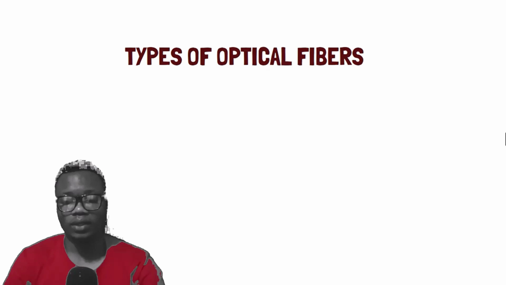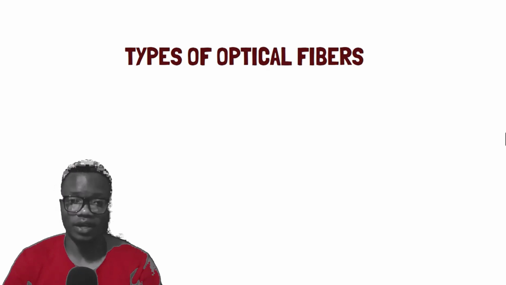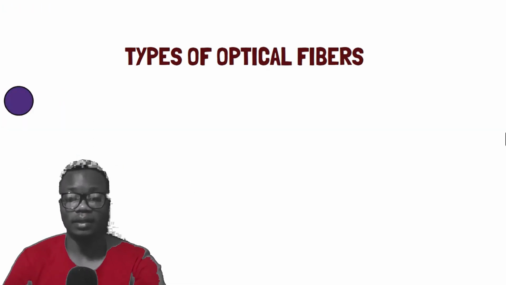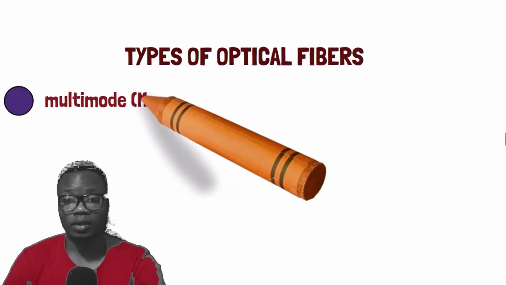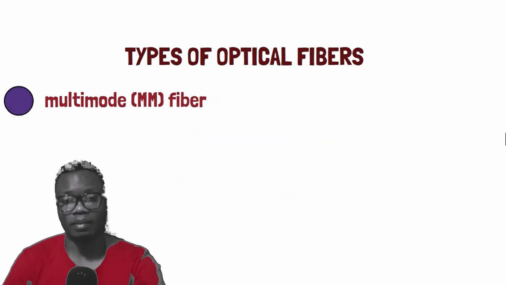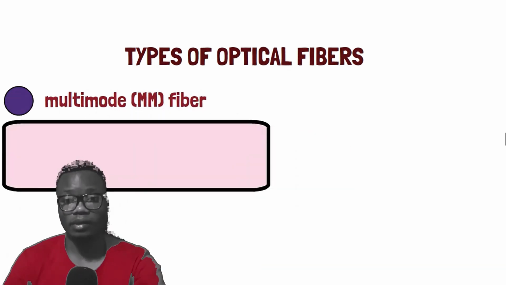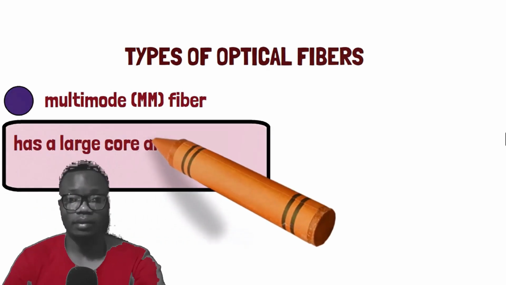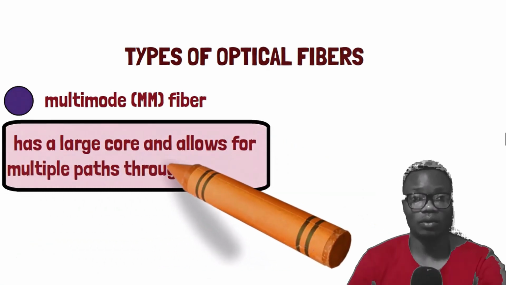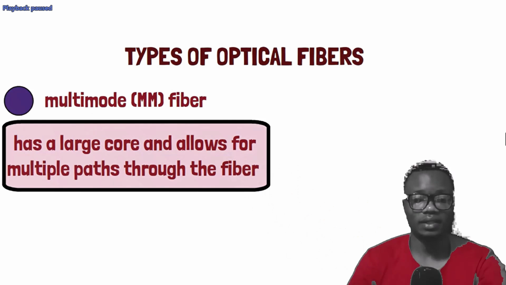So let us see the types of optical fibers. We have two types of optical fibers, and the first type is the multimode fiber. This multimode fiber has a large core, allowing multiple paths through the fiber.